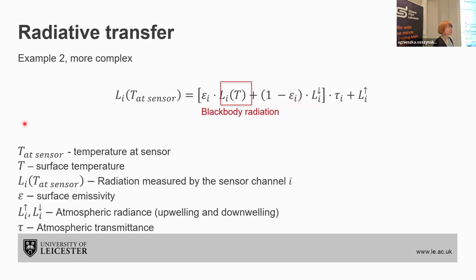And here we have the black body radiation of the temperature at the surface. Then we also have the transmissivity of the atmosphere. All of these components can be taken into account in this example radiative transfer equation.